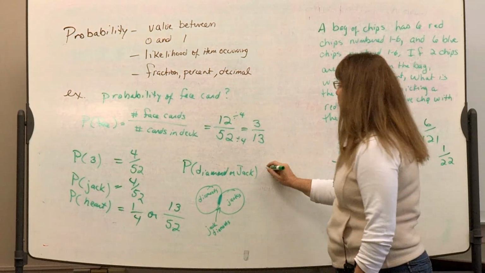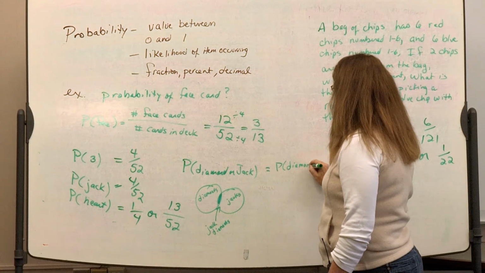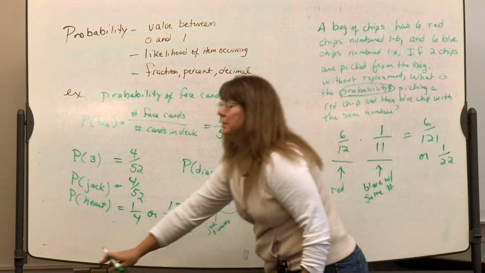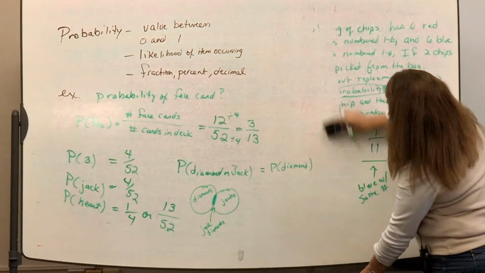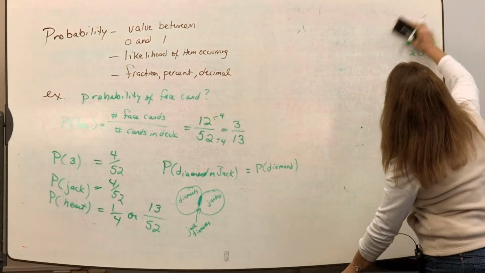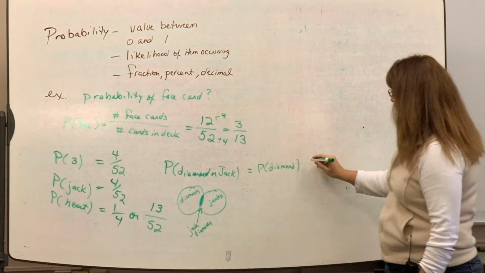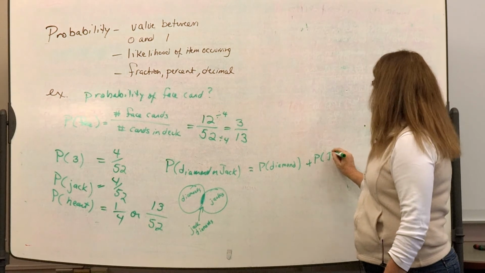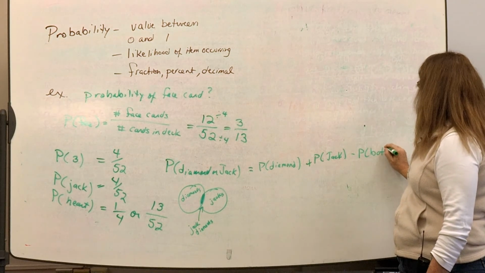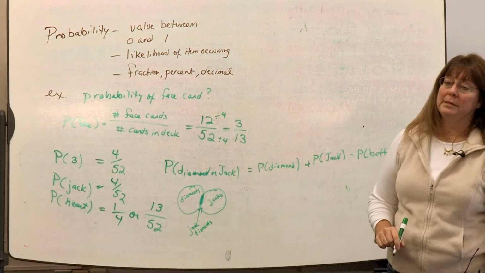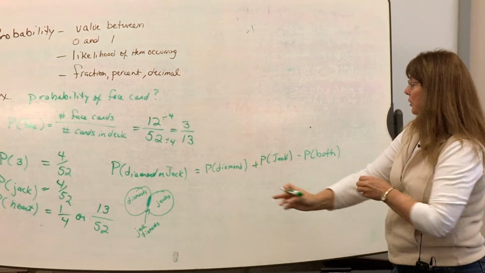So when I'm working with something like this, I could look at the probability I might get a diamond, plus the probability that I might get a jack. But like we talked about with those Venn diagrams, if there's overlap, you've counted it twice. So I have to take off the probability that both things occur, that jack of diamonds. And that's the same idea we looked at with the Venn diagrams.